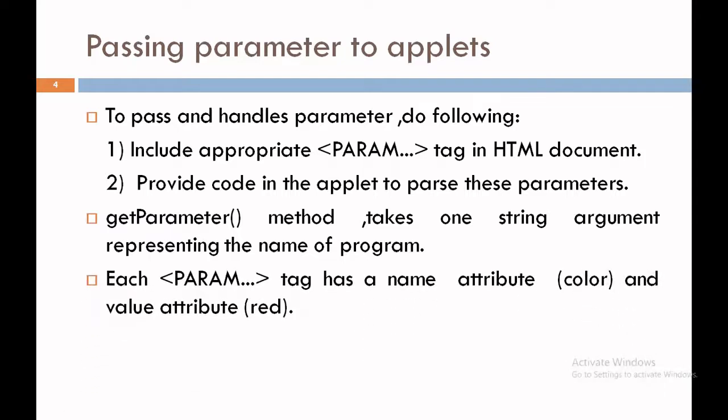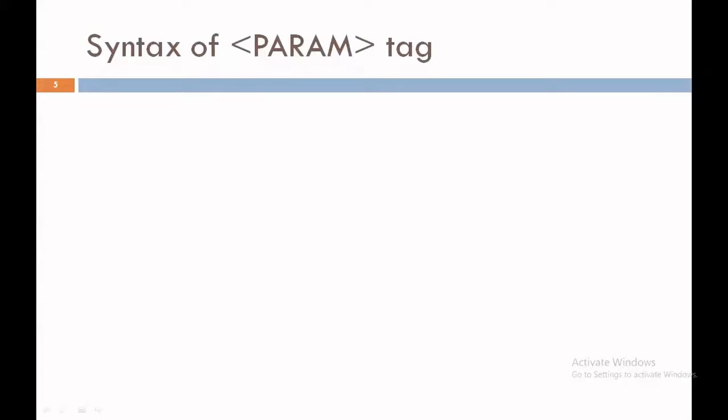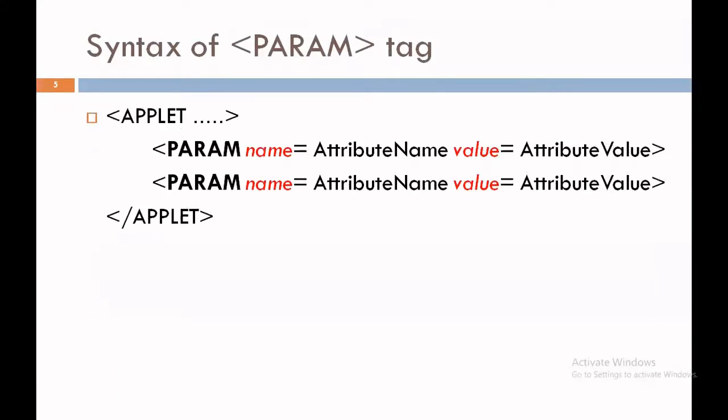Now, each param tag has two attributes. The first attribute is name and the second attribute is value. For example, the attribute name is color, then the value of color is red. Let's see the syntax of param tag. Param tag has two main attributes, name and value.